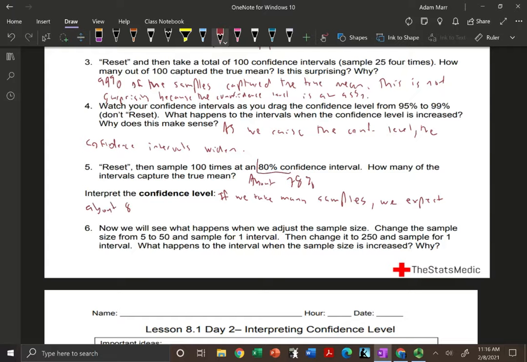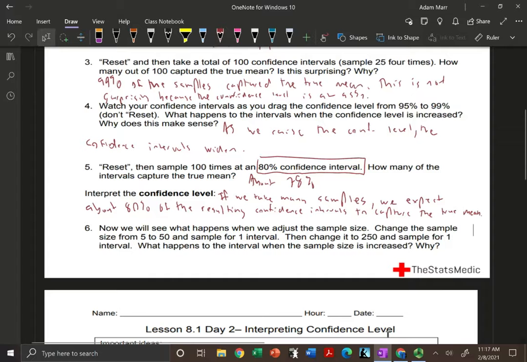If we're talking about an 80% confidence interval, we expect about 80% of the resulting confidence intervals to capture the true mean. Sometimes you'll be doing this with proportion, but it's going to be mean. Okay?